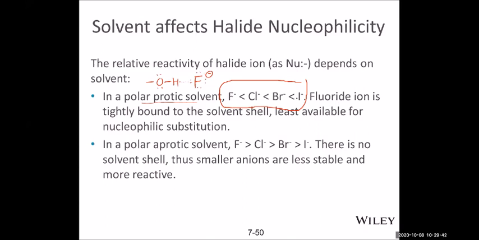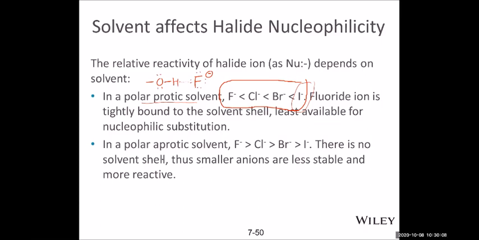And iodide, if you remember, is one of the strongest nucleophiles in the protic solvent. It's large, and the solvent will not do much with this big ion. Basically the large halides are more free and not so bound by the solvent to react.